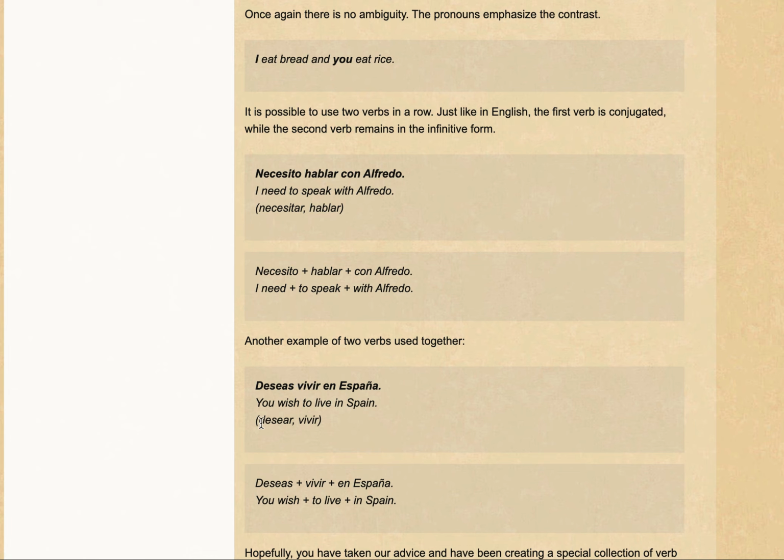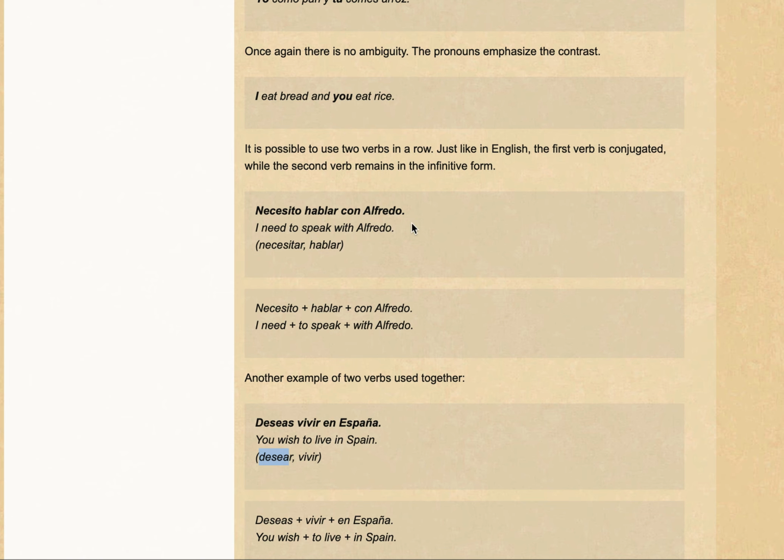Deseas is derived from desear, and it's derived from the conjugation for tú, because if you remember, with tú we add as or es. So as for AR verbs, es for ER or IR verbs.